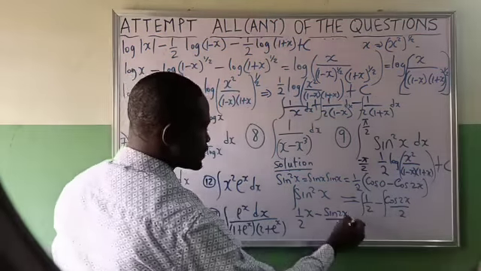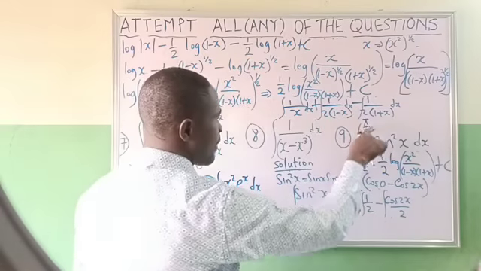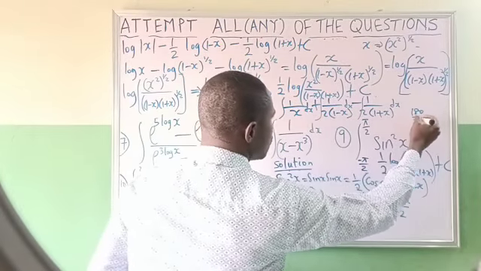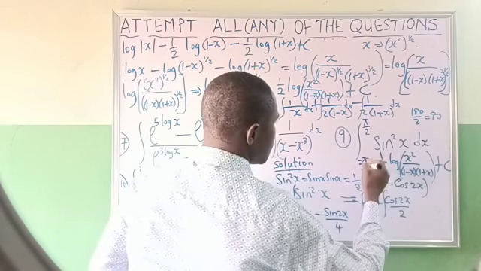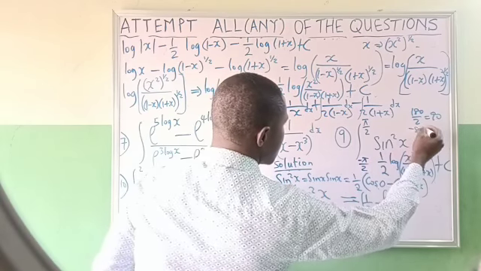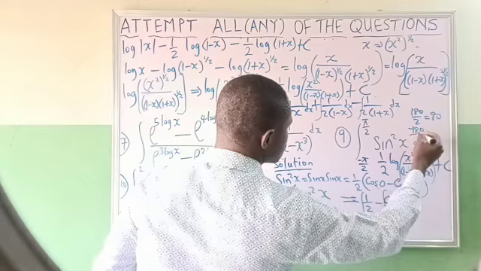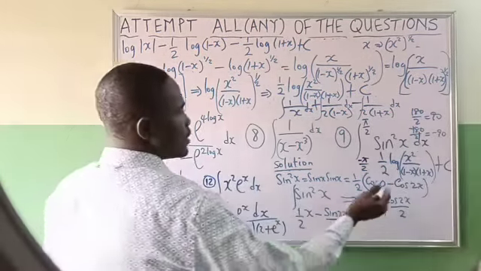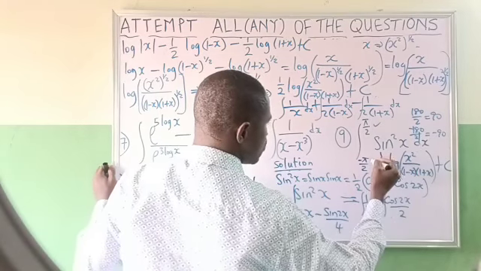Now, if I put plus c, I am wrong because they gave upper and lower limit. Pi means 1/8. 180 over 2 is 90. Minus pi means minus 1/8. Minus 180 over 2 is minus 90. Now, this is upper limit and this is lower limit.